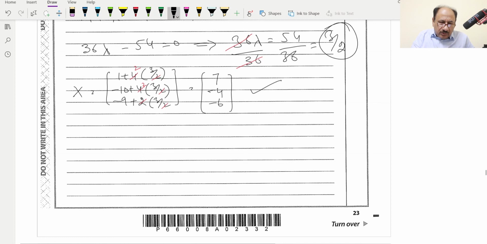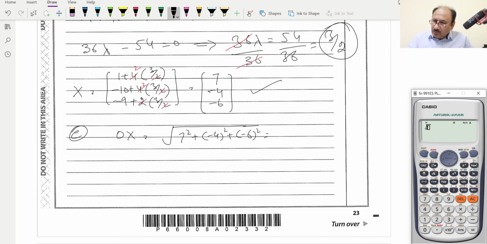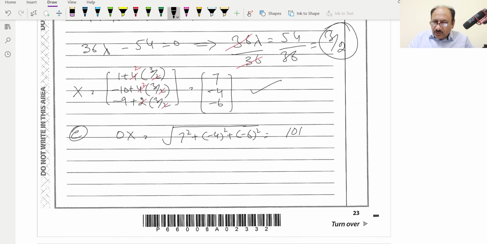So OX will be the magnitude, which is the square root of 7 squared plus minus 4 squared plus minus 6 squared, and this is equal to the square root of 101. So root 101 is OX.